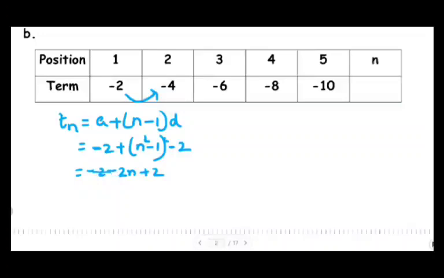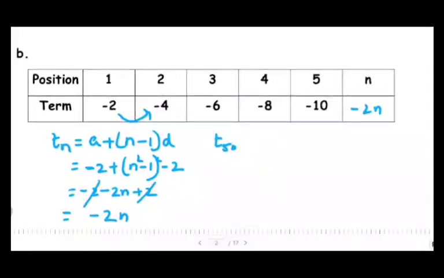Yes. So -2 and +2 both gone. My general rule is -2n. Correct? -2n. My 50th term is equal to -2 into 50. It's going to be -100. Quite simple.